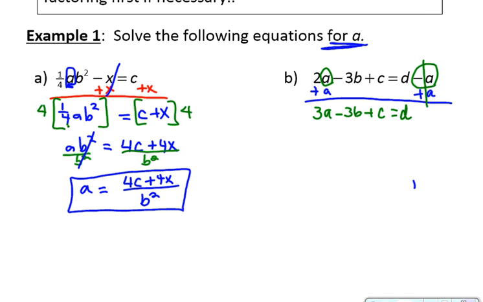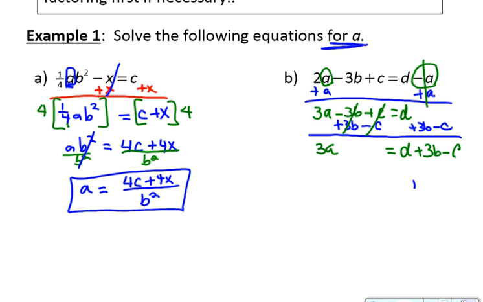Next, I want to get all my terms without an A to the other side, so I'm going to undo them opposite. So it's going to be plus 3B on both sides and minus C on both sides. And that will yield 3A, those subtract out, is equal to D plus 3B minus C. And finally, to finish isolating A, since 3 is multiplied times A, to undo it, I'm going to divide both sides by 3.